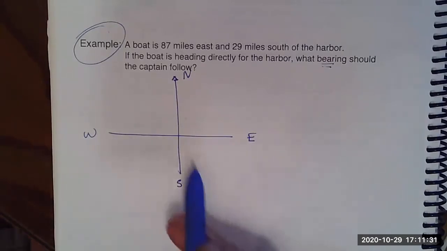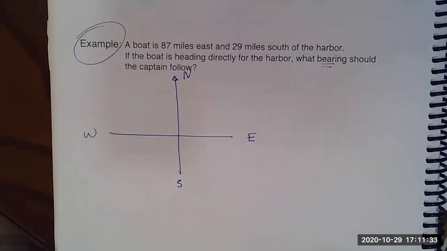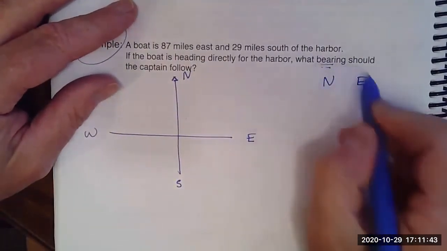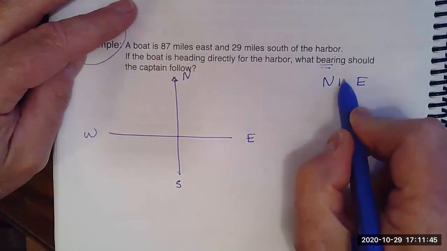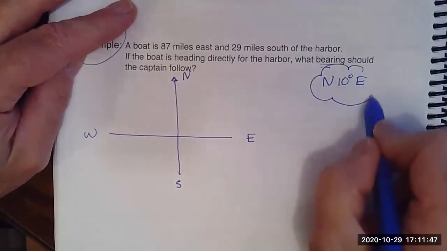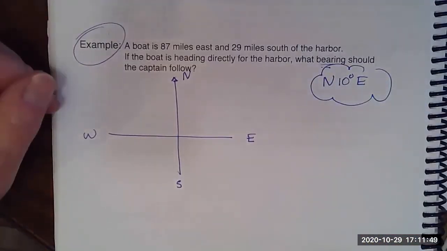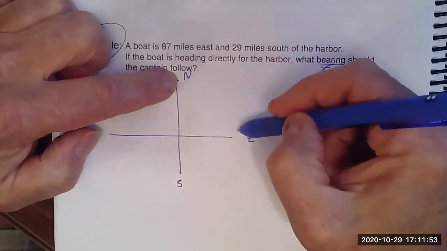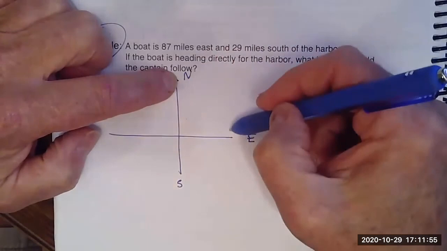All right, so just know that you always start with the north or south, picture-wise, and then head in the direction of the second letter. So if I said northeast 10 degrees, not this problem, you're starting at north and heading this direction.